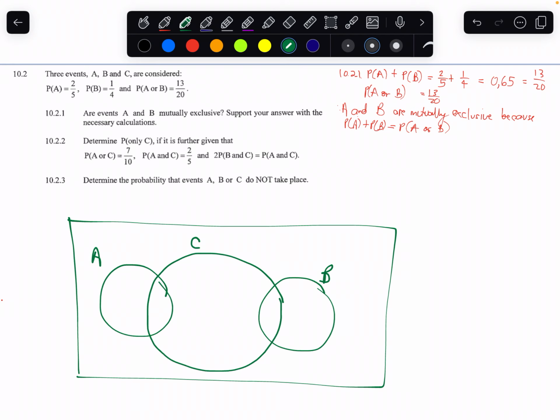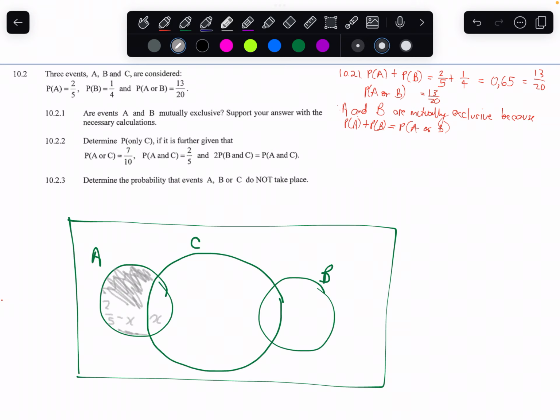Okay, so we know that, let's see here. So I'm just going to temporarily call this X, right? We know that the probability over here is 2/5 minus X. So just this bit over here, excluding the intersection with C.